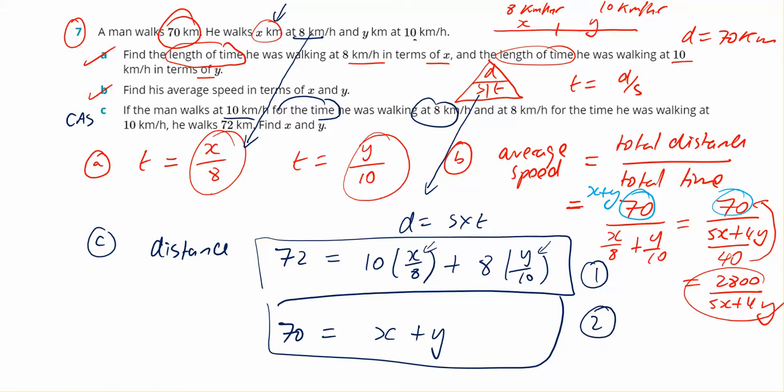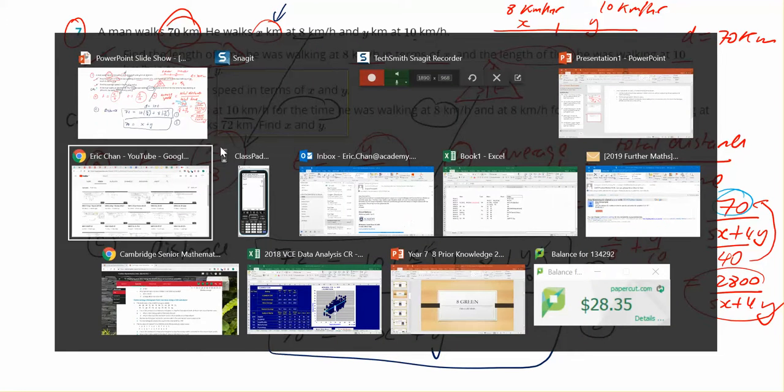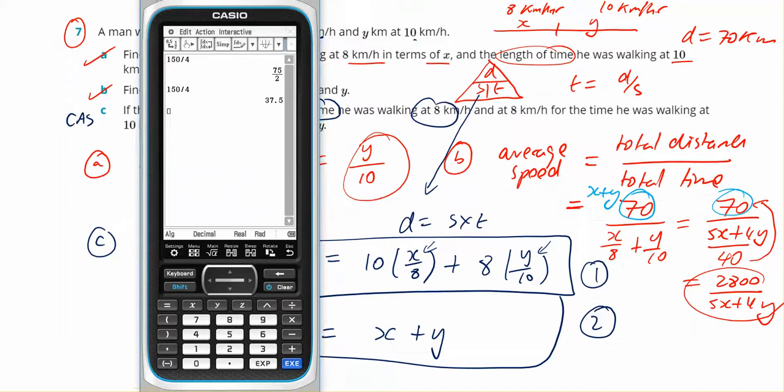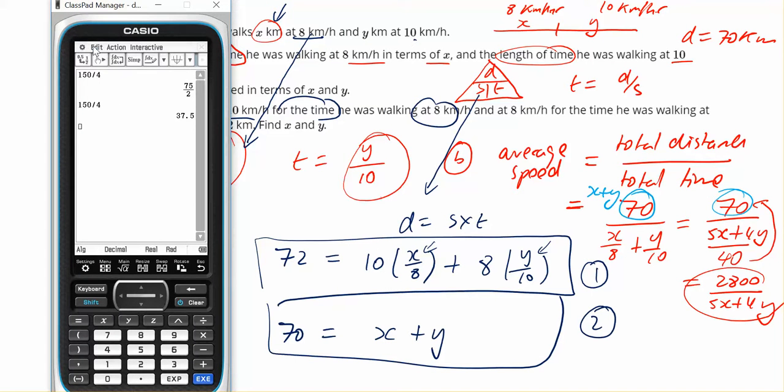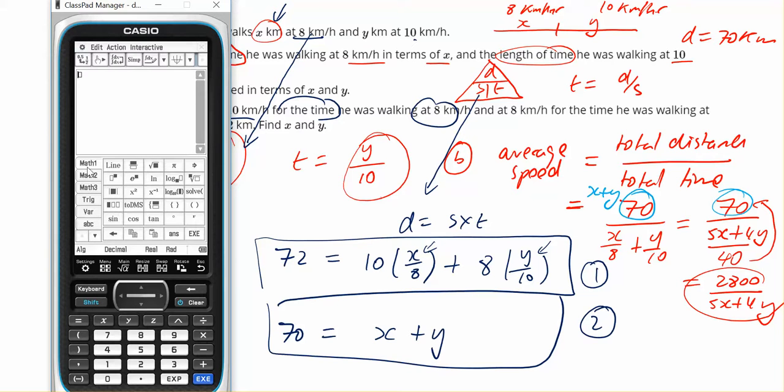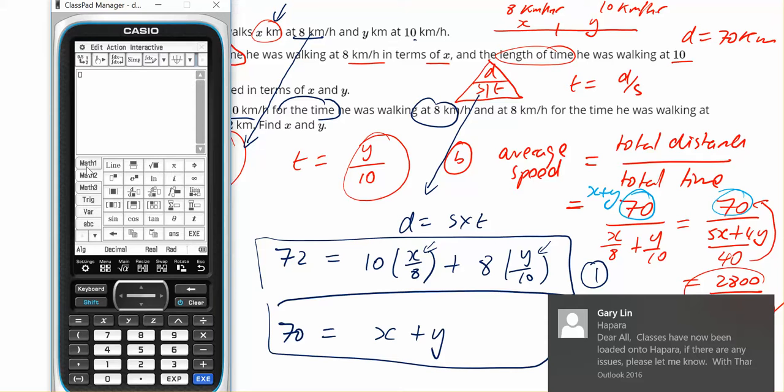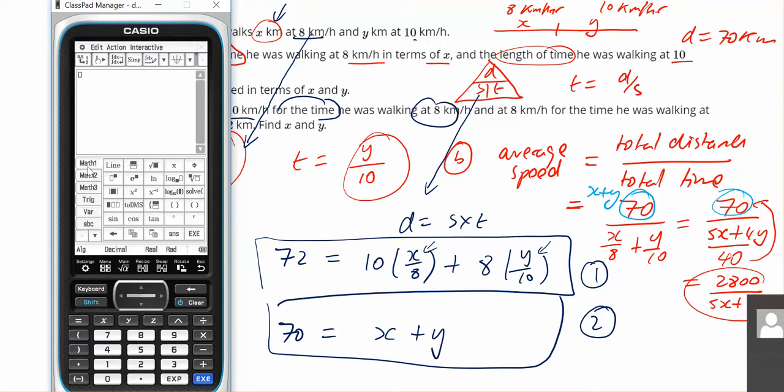I'm going to use my calculator to help me solve that. So I'm going to go on my CAS and we're going to input this into our CAS, go to simultaneous solve. Okay, so if we go to Mat1, you literally type in what it has on here.